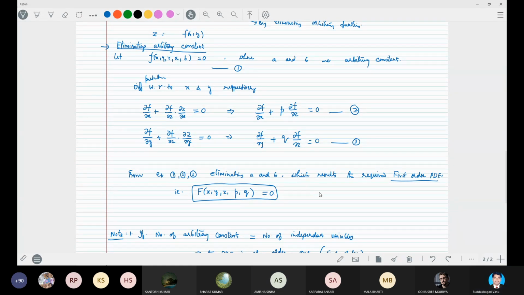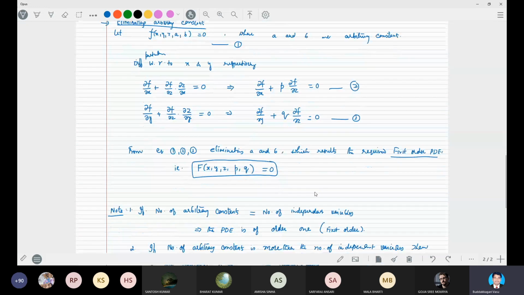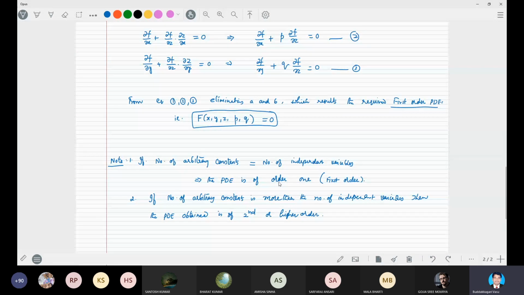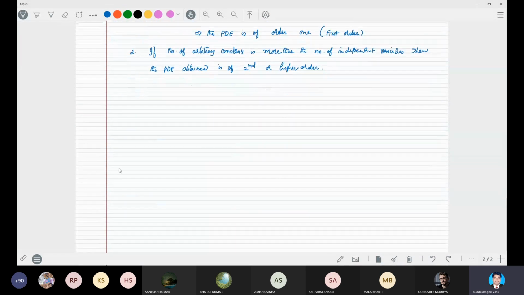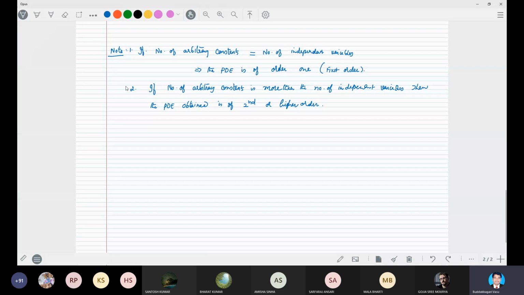Right, now let's see an example where I will give you one simple example so that we will do it in the time. Form the PDE by eliminating the arbitrary constants in the following equations.